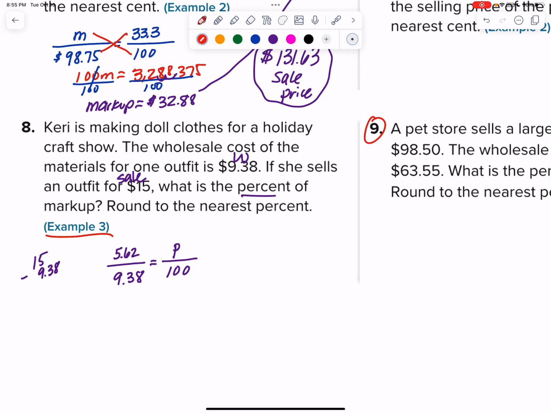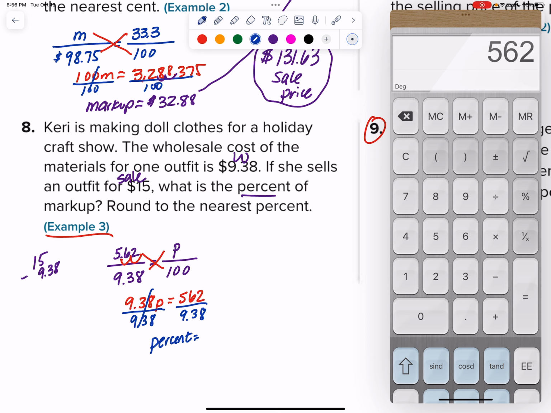So now we can go ahead and do means extremes and find out what that percentage increase is. Okay, so do your variable first. We have 9.38 times P equals, and this is easy to multiply by 100, swoop, swoop, 562. Divide by 9.38 on both sides, and cross that out, and we end up with a percent of, let's see, 562 divided by 9.38, and we end up with a percent of 59.9.